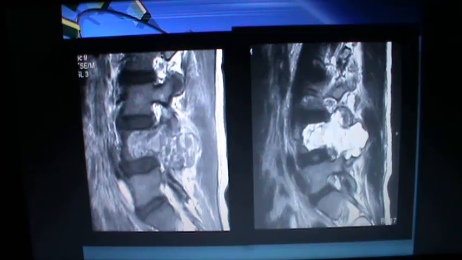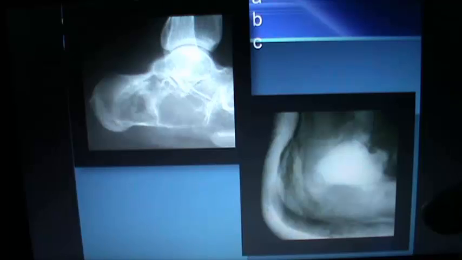Similar lesion involving the pedicle and the vertebral body, aneurysmal bone cyst showing multiple fluid levels, and here the os calcis on the left before and on the right after treatment.